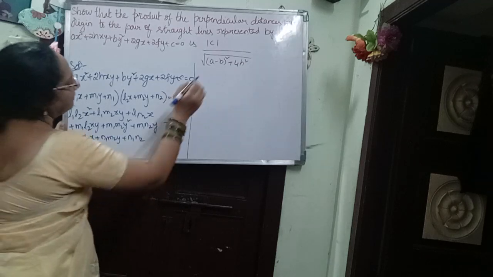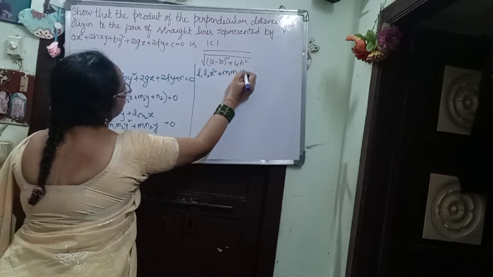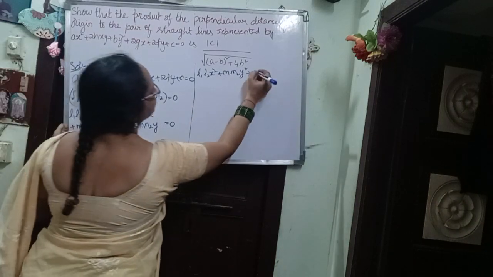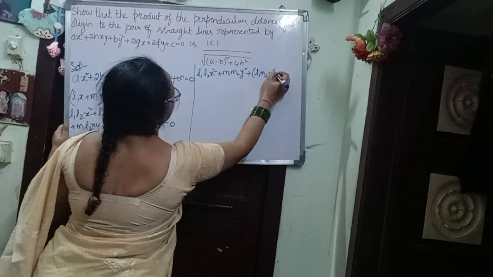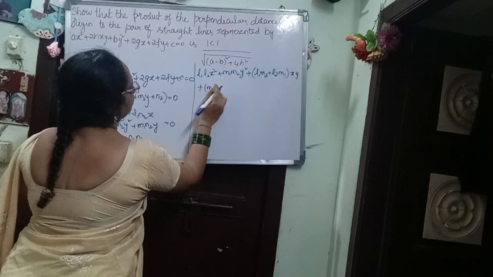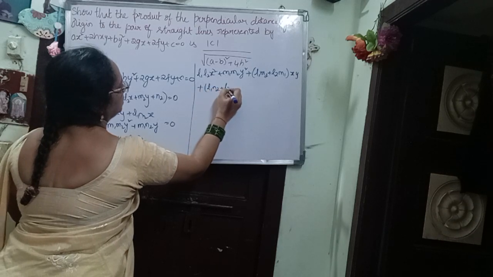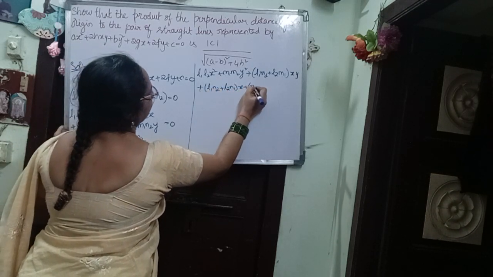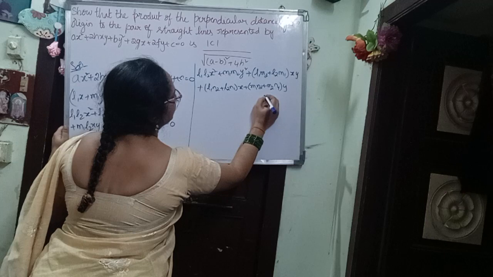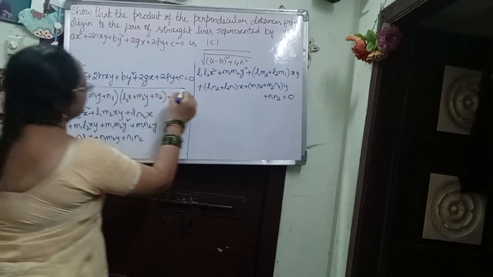So first rearrange them in order: L1 L2 x square plus M1 M2 y square plus (L1 M2 plus L2 M1) into xy plus (L1 N2 plus L2 N1) into x plus (M1 N2 plus M2 N1) into y plus N1 N2 equals to 0.